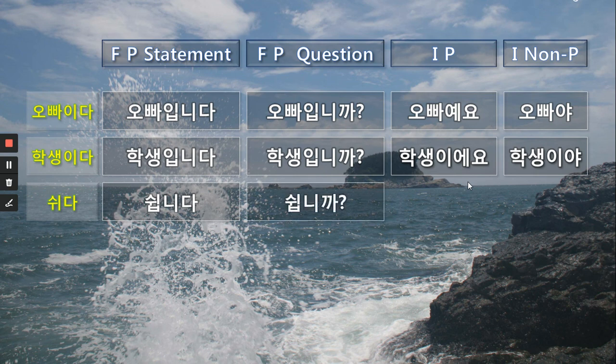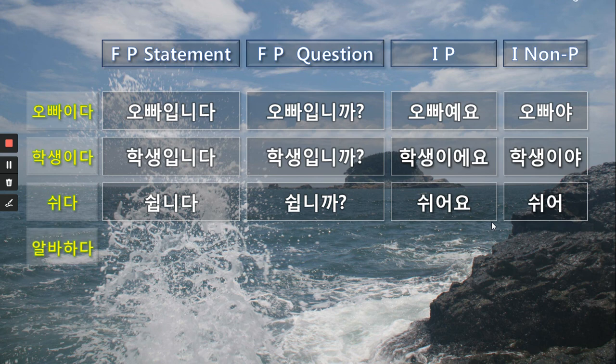How about informal polite? 아요, 어요, 해요. 쉬 is a dark vowel. So 쉬어요. And there is no verb be, so you just omit 요, 쉬어. When there is no verb be, just omit 요, okay? 쉬어. 나는 집에서 쉬어.